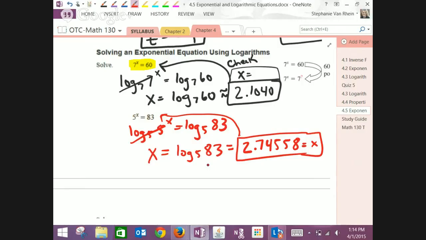So I could take natural log of 83 divided by natural log of 5, or I could take log of 83 divided by log of 5. It's the same thing. It will always be the same ratio. Well, you can't type in log base 5 of 83. You have to use that change of base formula.